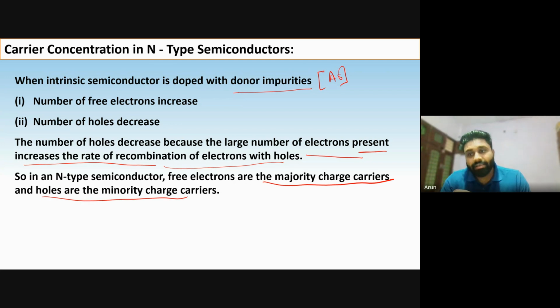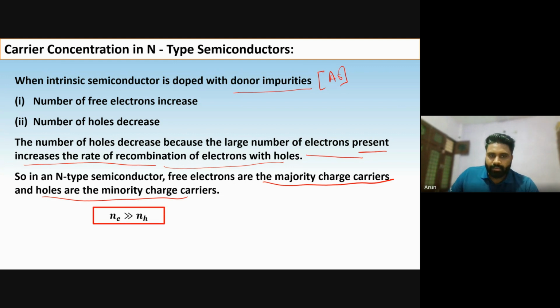It is not like that holes will not contribute to the conductivity. They will contribute, but at a minor level. So these are the minority charge carriers. The majority charge carriers are the electrons in n-type semiconductor. So you can say that the number density of electrons is very much greater than the number density of holes.